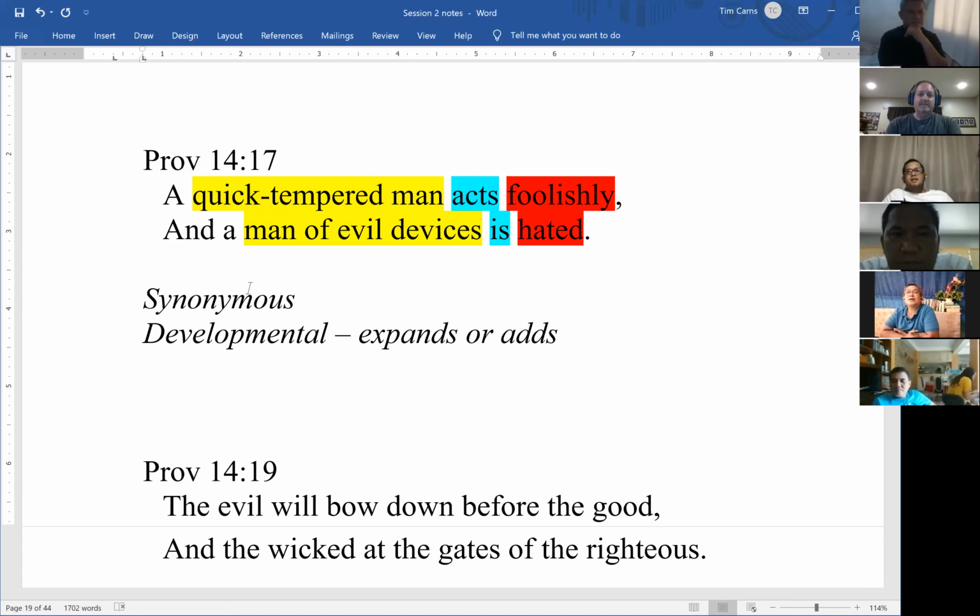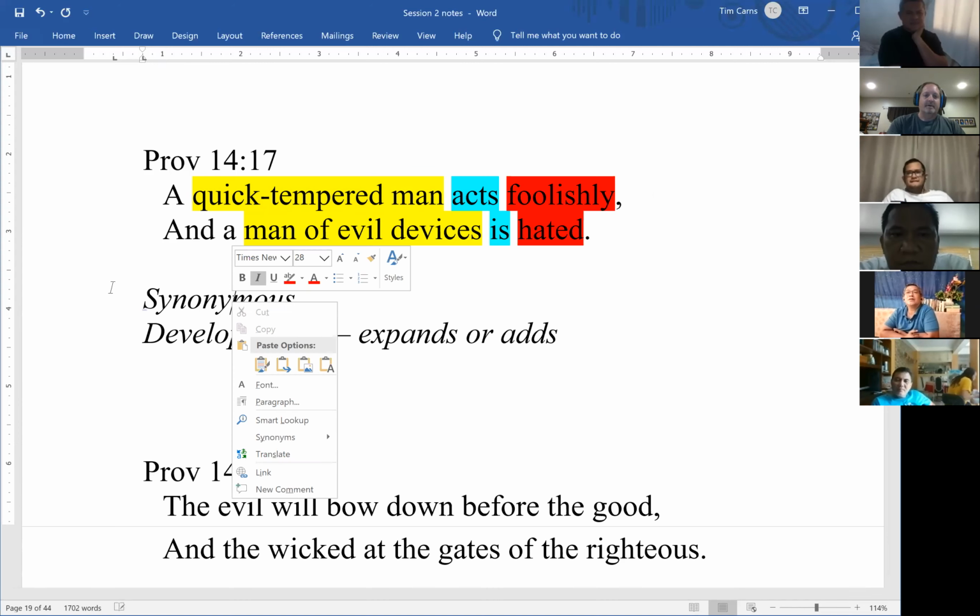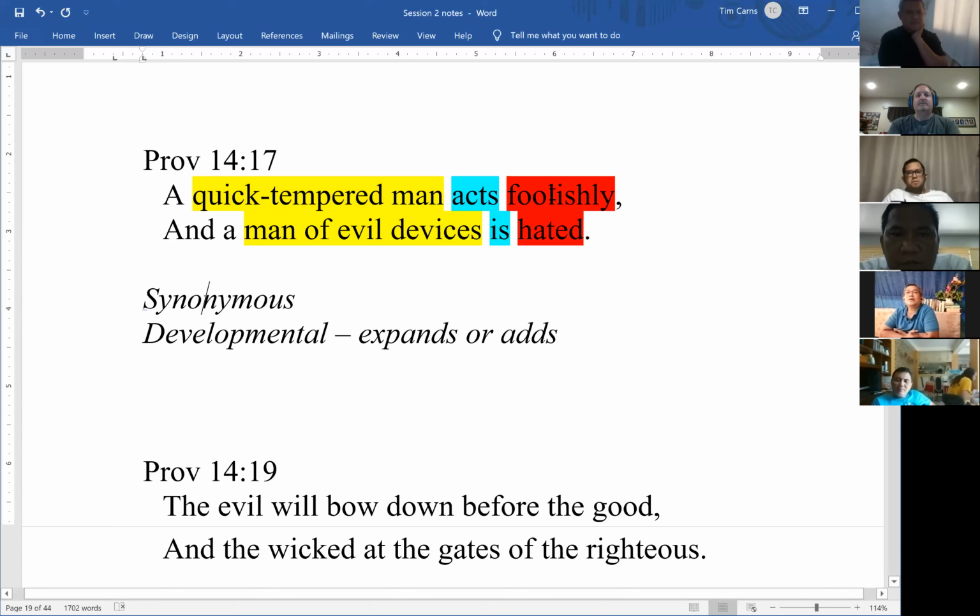At first glance, synonymous is a good guess. But notice it says "acts foolishly" versus "is hated."